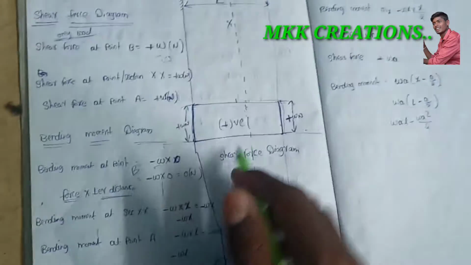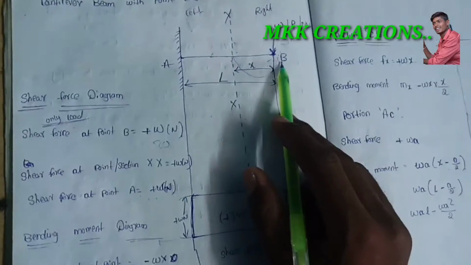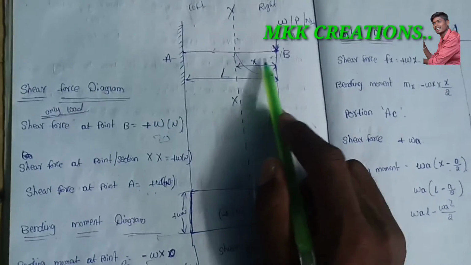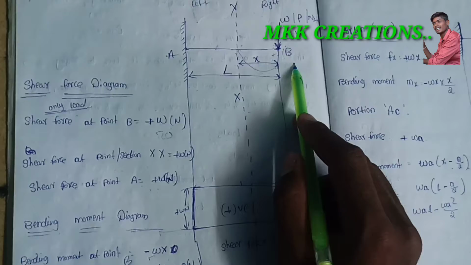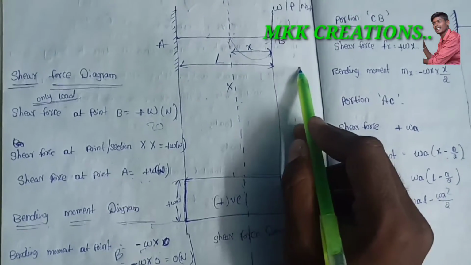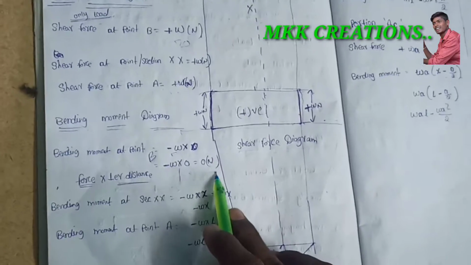Clockwise means negative here, as we studied in the last class. At point B the distance is 0, not x. Understood? Force into distance is 0, it is not moving. So W into 0, that is 0 newton-metres only.